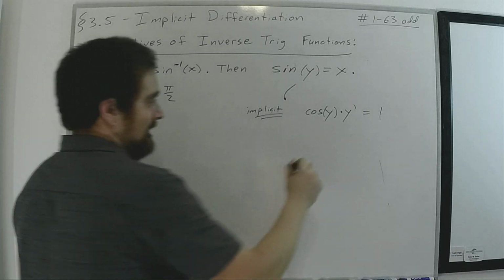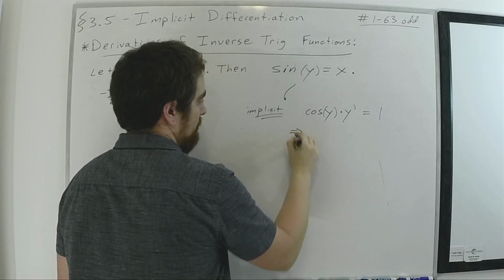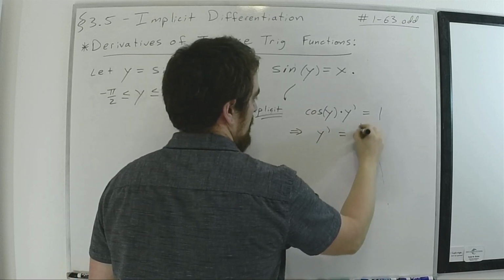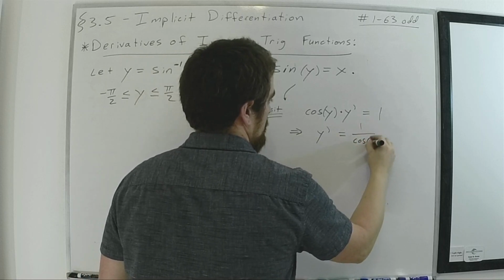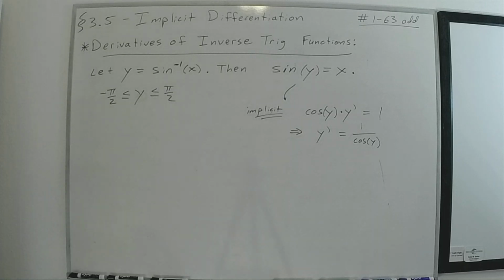So if I isolate y prime by dividing by cosine of y, I get this for my derivative. But this is just y prime.